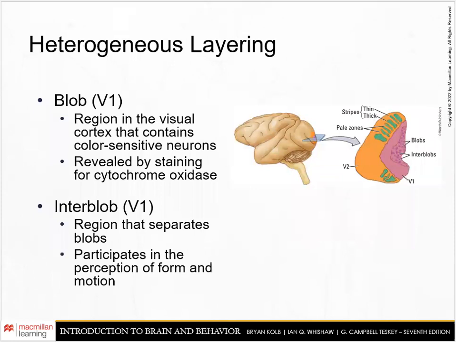Now, when we talk about the heterogeneous layering, there is the blob of V1. It's the region in the visual cortex that contains the color-sensitive neurons. It's revealed by staining for cytochrome oxidase. And there's the interblob of V1. This is the region that separates blobs and participates in the perception of form and motion.